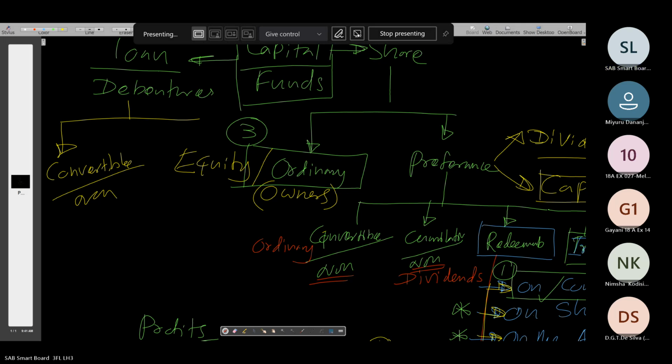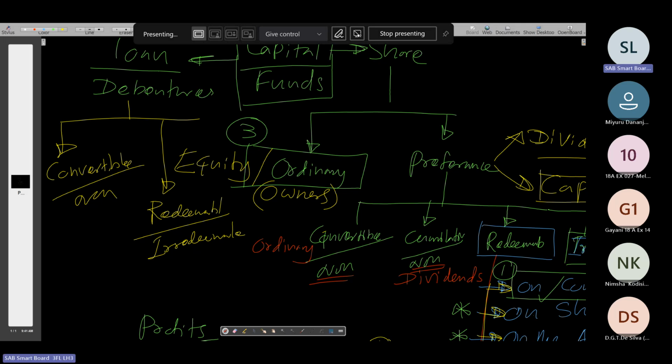And another classification is redeemable and irredeemable. So debentures we can classify in this way.